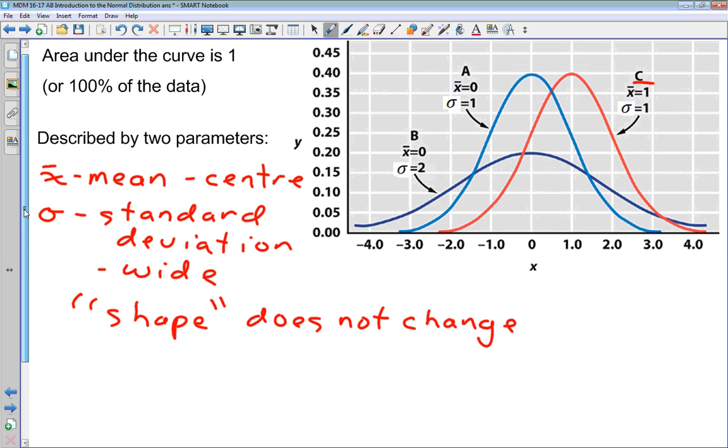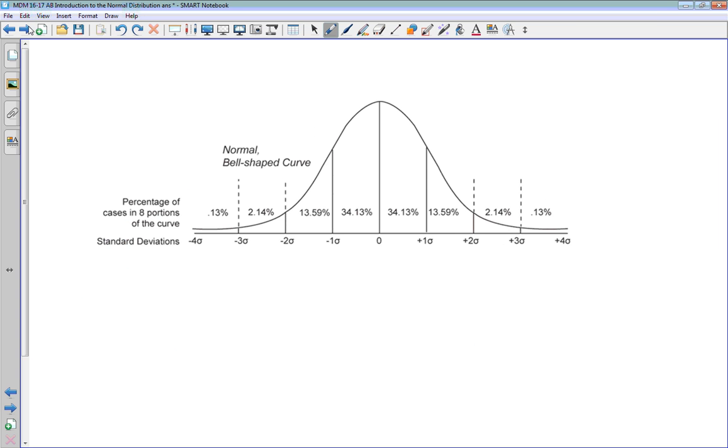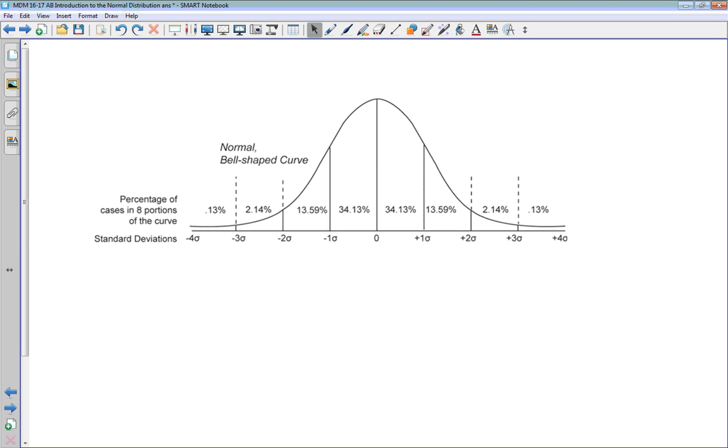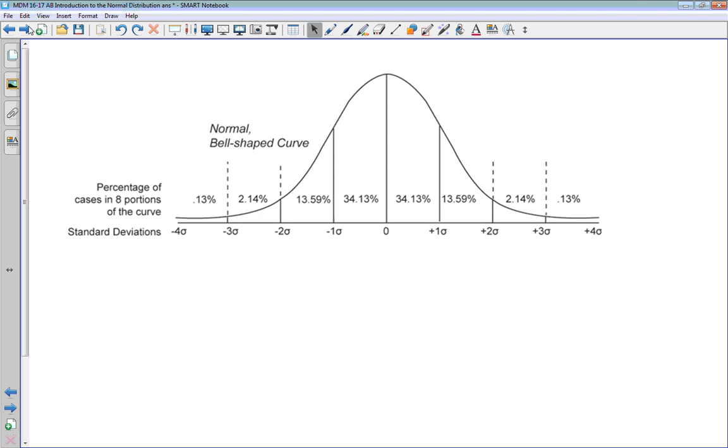Now there are some specific properties about the normal distribution that we're going to make use of when we do our probability calculations. And we can summarize them if we look at this graph here. They've taken our normal distribution and drawn lines on it representing how far away from the mean you are.